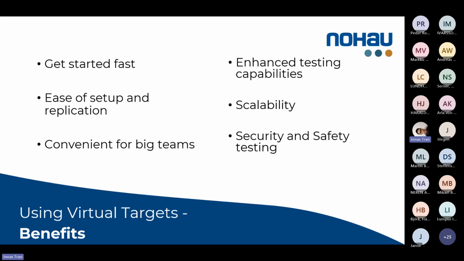Virtual targets can also be scaled to simulate large networked systems with a lot of connected devices. CI environments can contain hundreds of virtual targets for parallel testing. And complex configurations for large-scale applications can also be quickly tested.